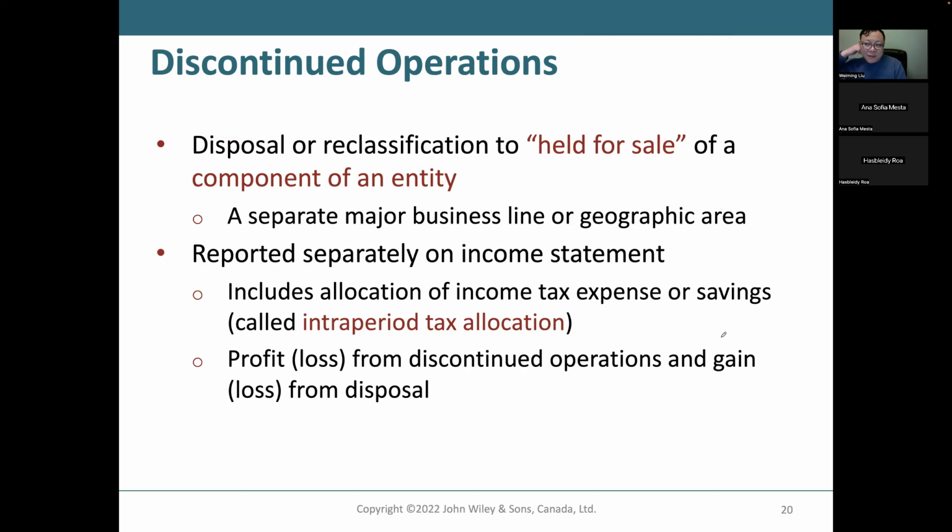So that when a user of the financial statements looks at it, they would understand that possibly that asset will not be there next year. Does this make sense? Yes. Okay, good.